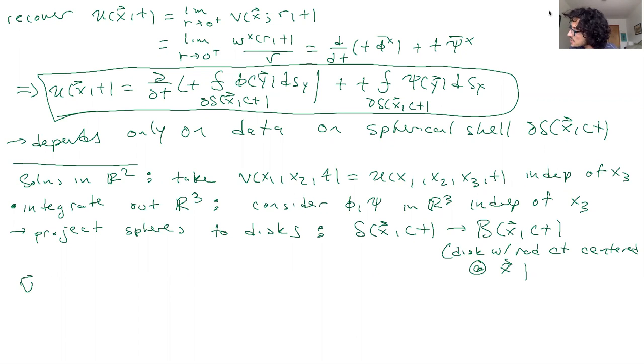So in this case, my v, I'm going to write that as a vector. My v is just a function of x and t.